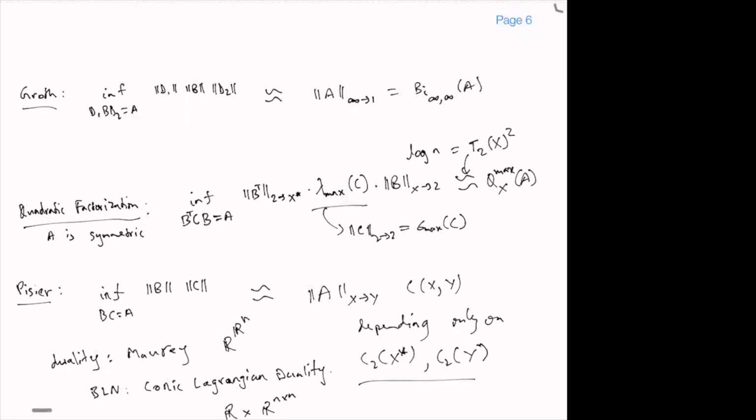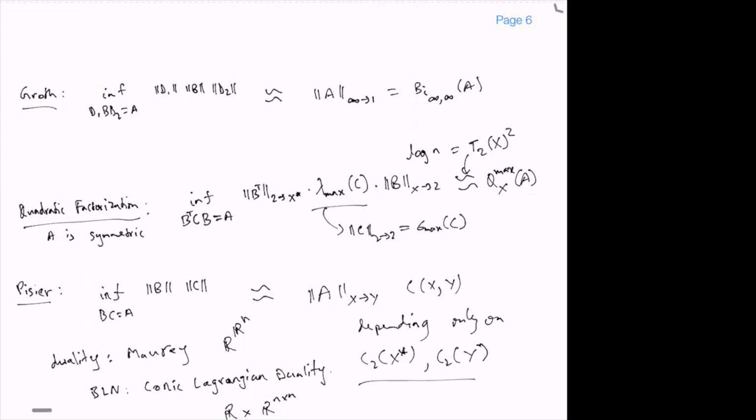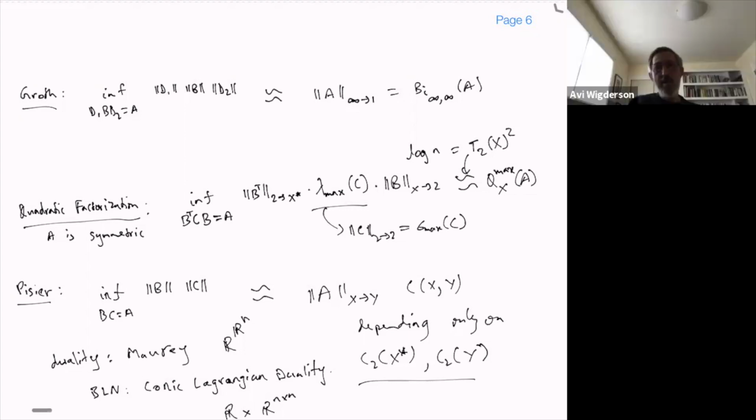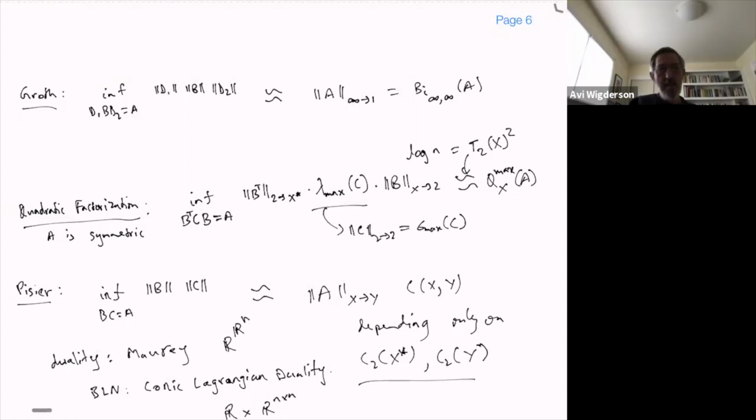I still don't understand if the type 2 constant is logarithmic or square root of log. Didn't you mention that it also entered Pisier's proof? Pisier's factorization for L infinity gives a weaker constant, but it gives a constant. So why is it a constant in the case of L infinity?